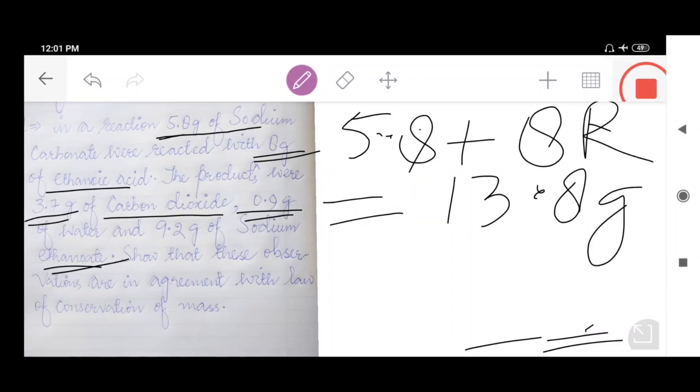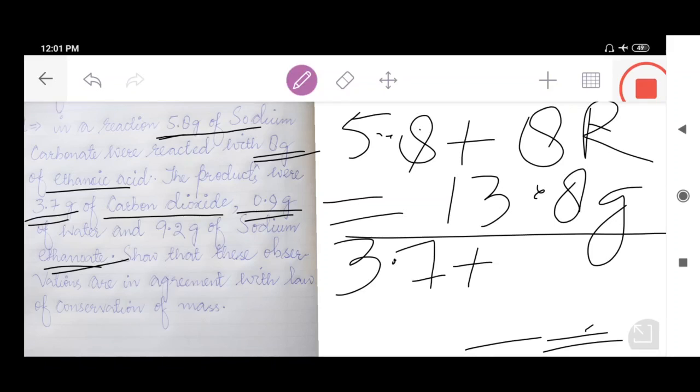Now the mass of the products. Carbon dioxide 3.7 grams, water 0.9 grams, plus sodium ethanoate 9.2 grams.